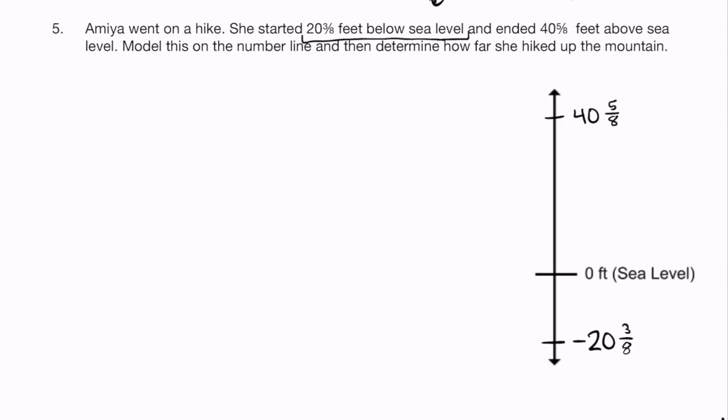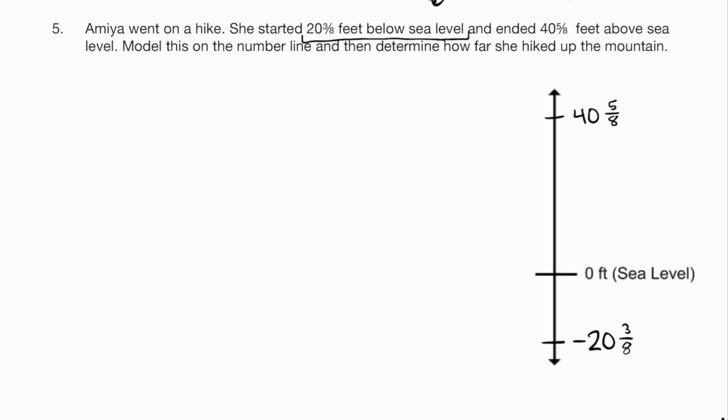And then we want to figure out how far did she go up. There's a lot of different ways you could write this. I guess I'll write them all out. One of the ways you could do it is you're trying to find the distance that she traveled, or the difference between these two numbers.